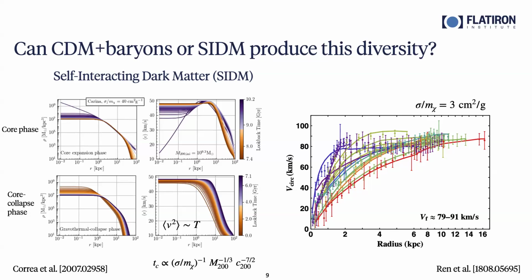Then because of the scatter in the mass-concentration relationship, in this scenario you expect some of the halos to end up in the core expansion phase, whereas others at that fixed halo mass are in the core collapse phase. So you'll also produce this spread in central density, which could translate into this diversity. But I'll talk more about the specific cross-section in a little bit.